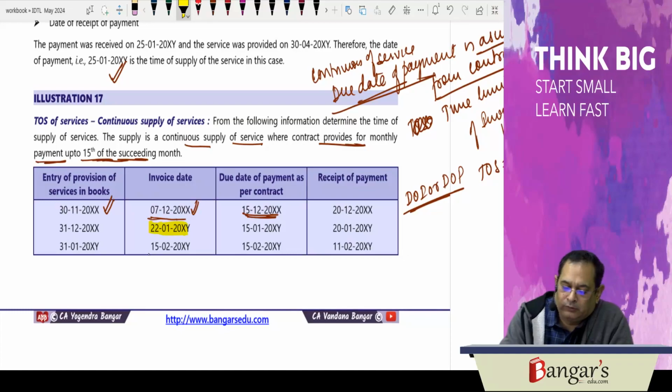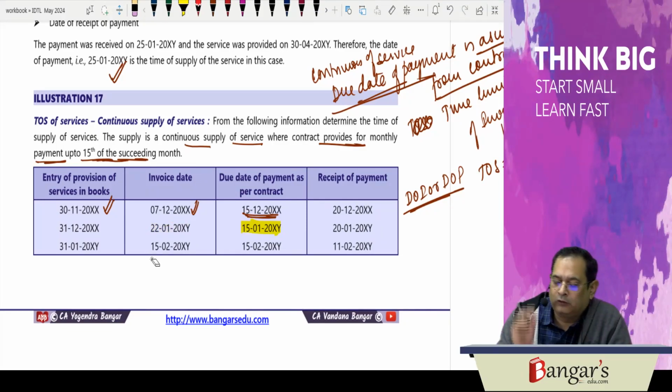Then next, 31/12 is the date of provision of service. Due date as per the contract is 15/1. Invoice must be issued on or before 15th of January.